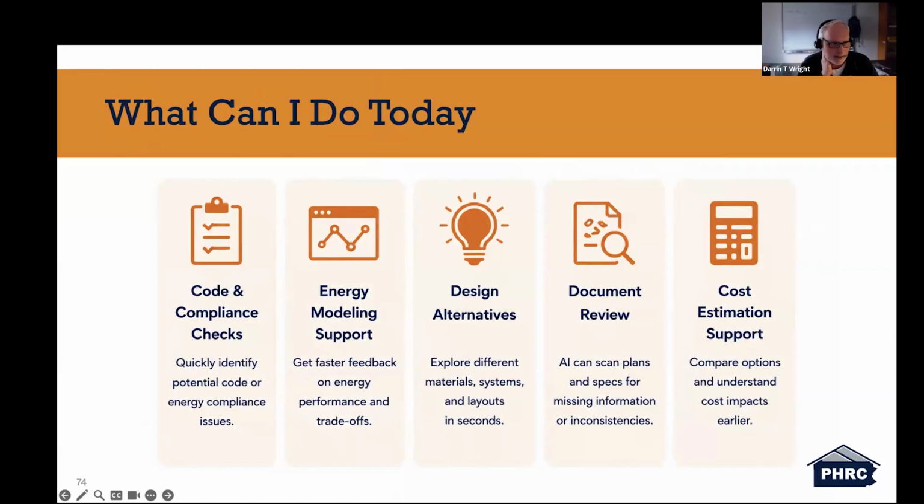Documentation review: AI can scan plans and inspect for missing information or inconsistencies. Documentation review is, I think, a big one. We all get lots of material coming our way to review, especially when we're learning about new materials and methods.